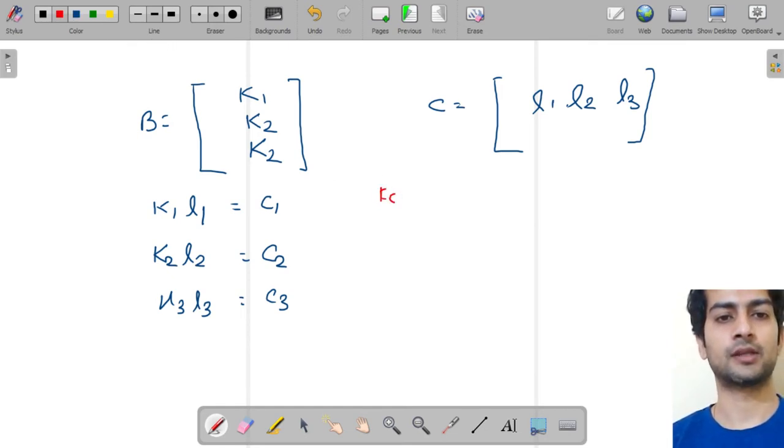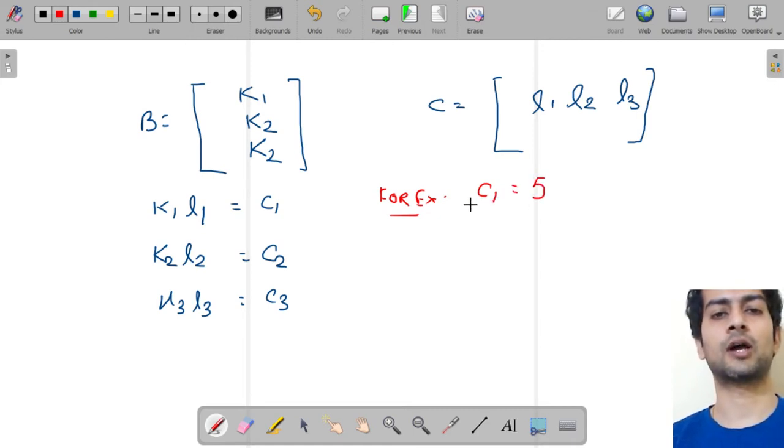For example, suppose C1 is 5. Then see what all are the possibilities for getting C1.